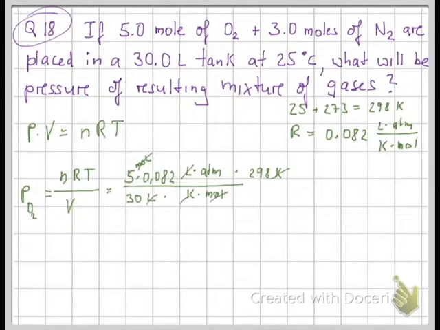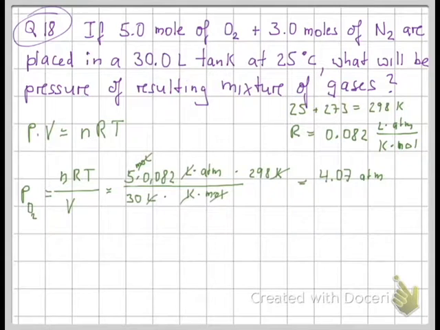So all you have to do is multiply 5 times 0.082 times 298 divided by 30, and you end up with a partial pressure for oxygen of 4.07, which is too much in terms of significant figures, but I'll just leave that for right now.